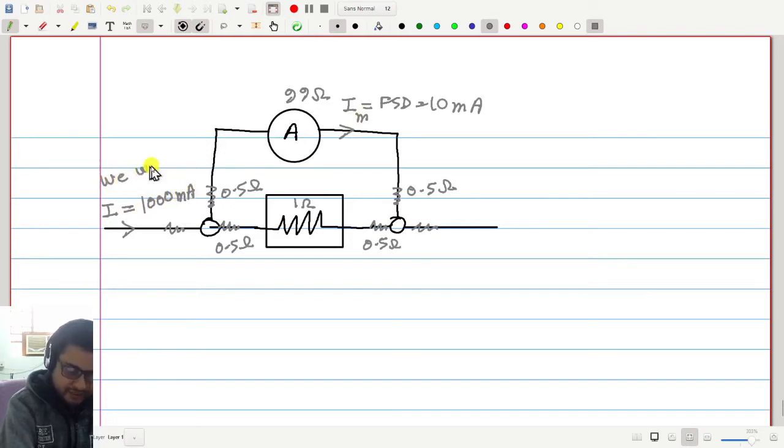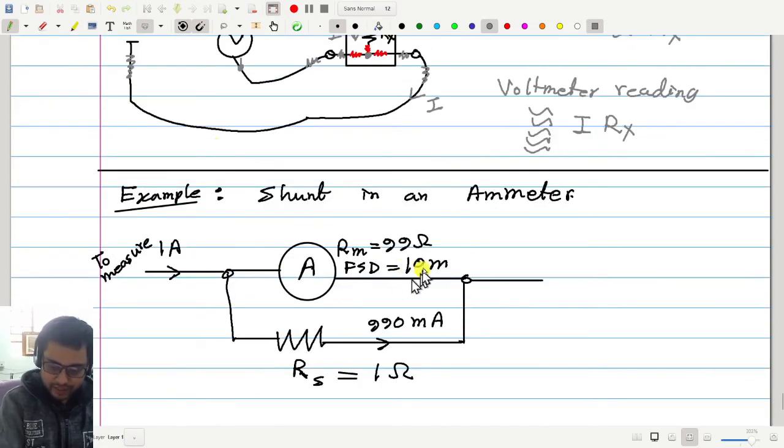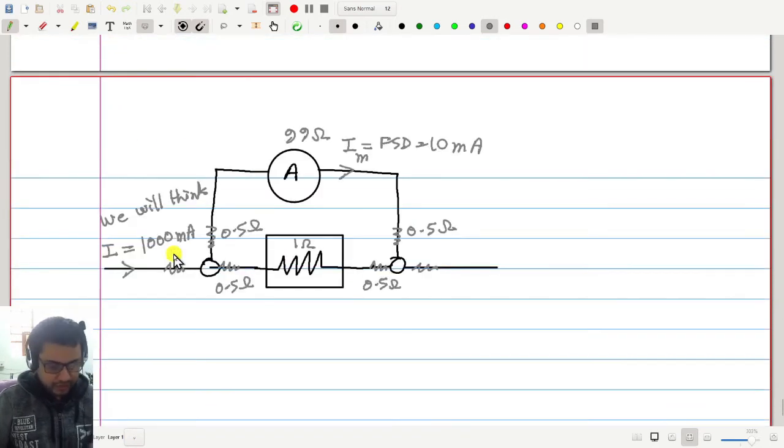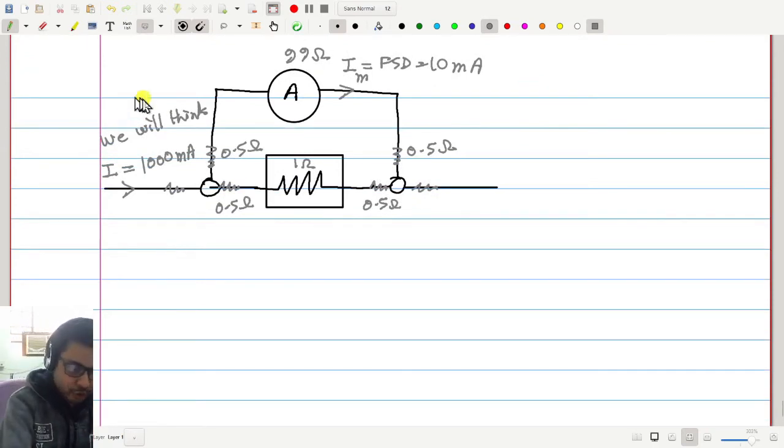We will think so, because that's what we calculated here. If 10 milliampere flows in this branch, then in the parallel branch 990 milliampere should flow, so here 1000 milliampere should flow. That's what we are thinking. But is that true?